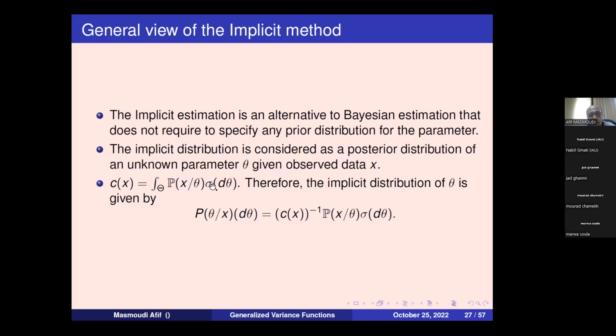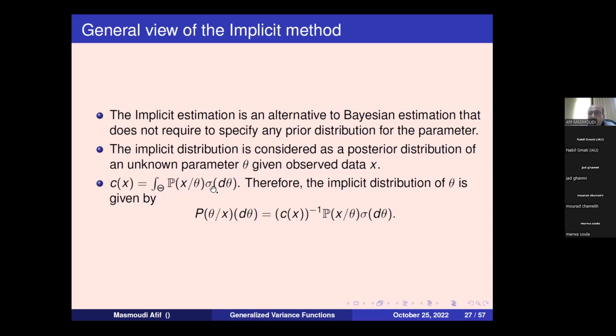So the sigma measure, when theta is continuous, is an open interval, for example, we choose sigma as the Lebesgue measure. If the set of parameters theta is countable, we choose the counting measure.